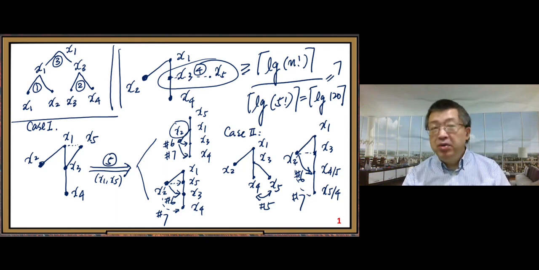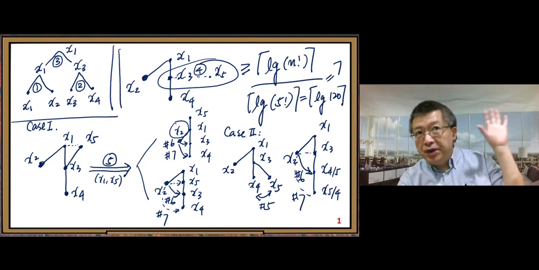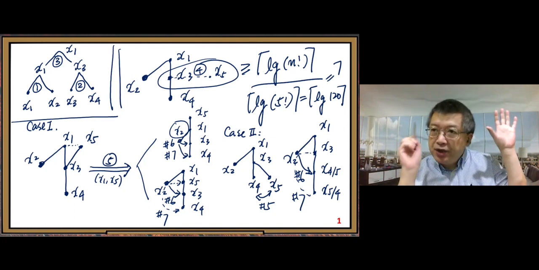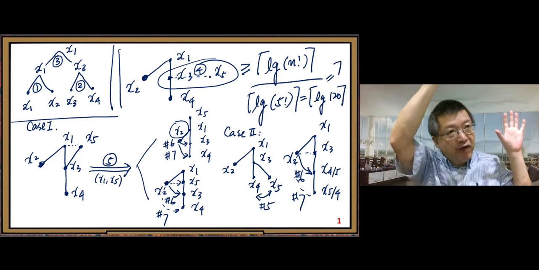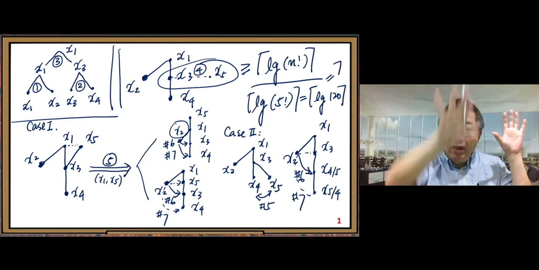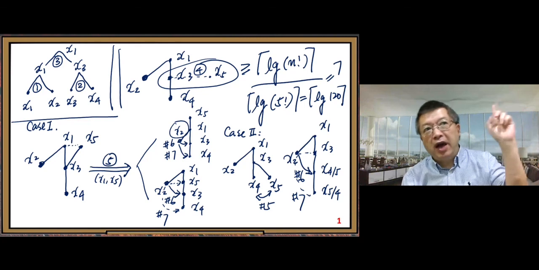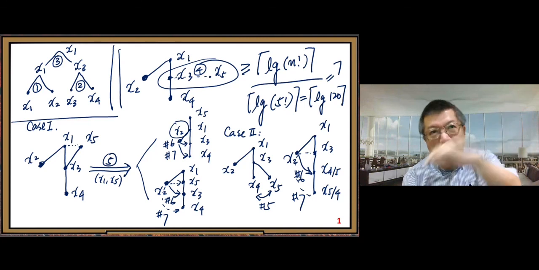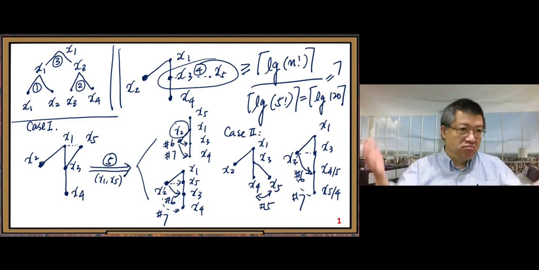Not completely, because we do not try to insert x2. We try to insert x5 first. After we get x5 into that sorted 4-element array, we insert x2 as the last element to be in place.